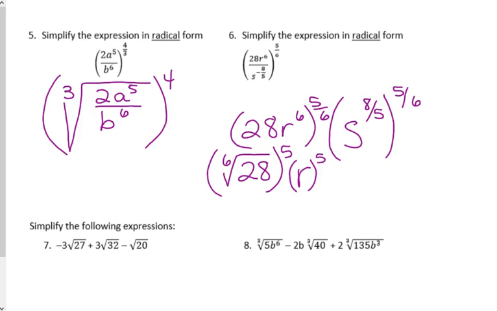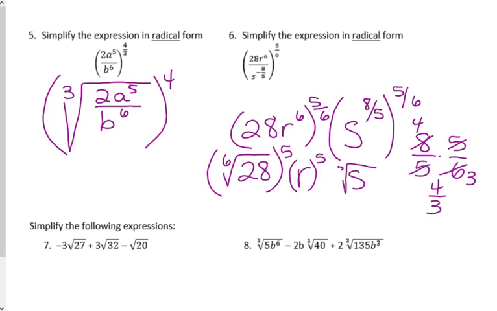And then we have s to the 8 over 5 raised to the 5 over 6. So 8 over 5 times 5 over 6, the 5 and 5 cancel. This is divisible by 2, so that's 3, and this is 4. So the new exponent is 4 over 3. So we're going to have the cube root of s, all raised to the 4th.